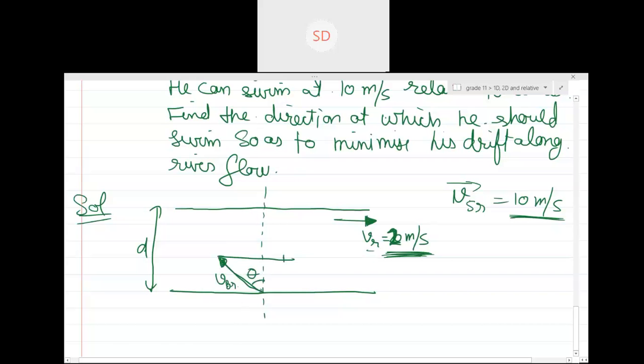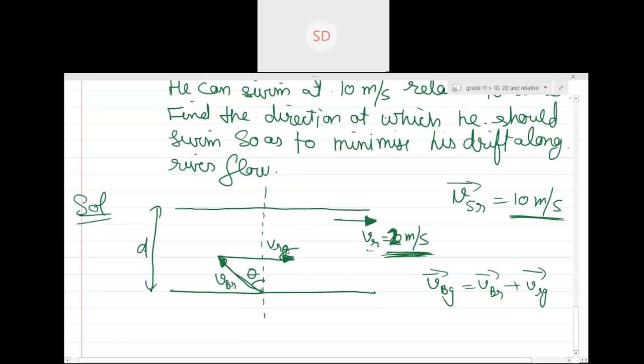This is the velocity of the flow of the river. This is basically the river's velocity. This is a general case. So can you see over here? We know this particular fact: VBG will be equal to VBR vector plus VR vector, right? So basically, will this be your VBG?